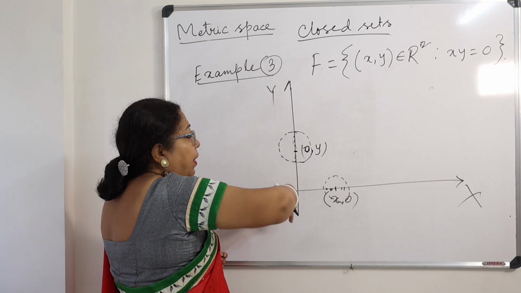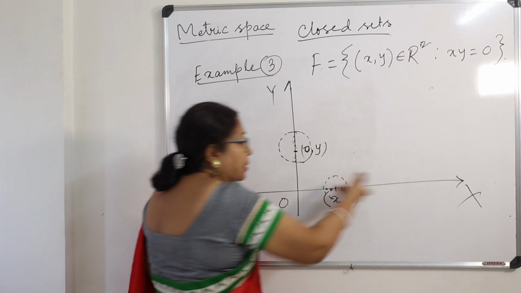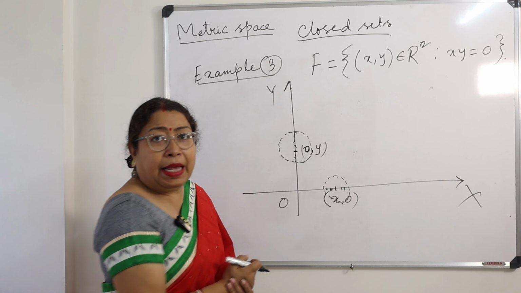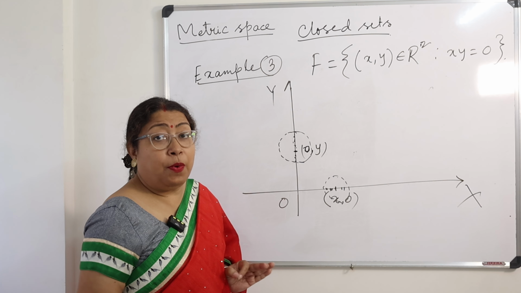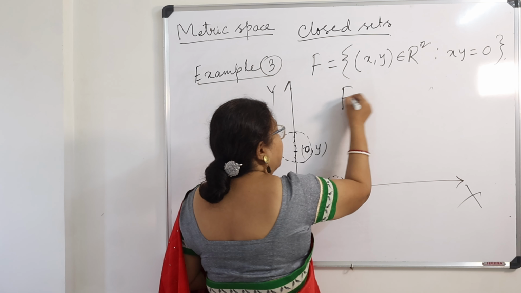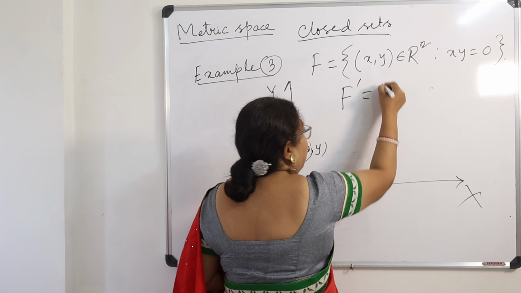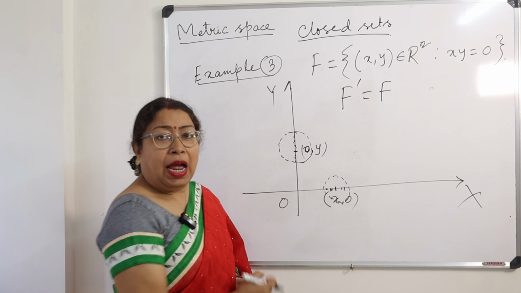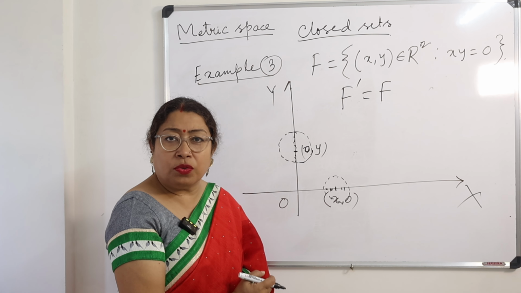So every point on the y-axis and every point on the x-axis is a limit point of F. So the derived set F dash equals F itself, and therefore F is a closed set.